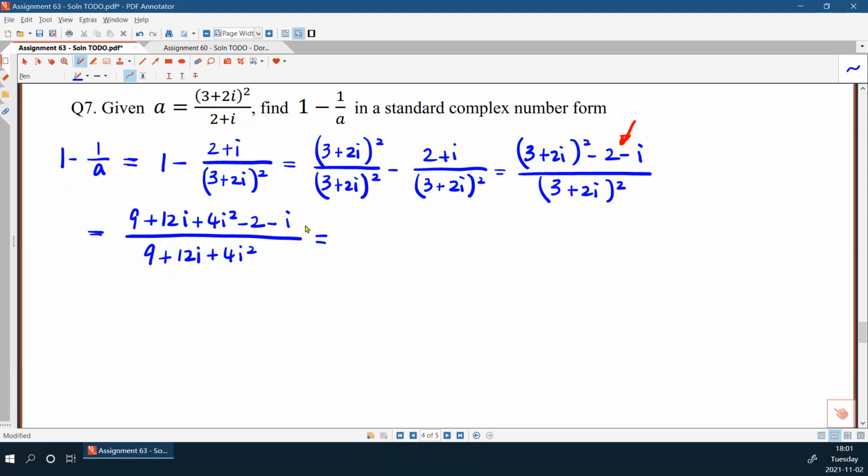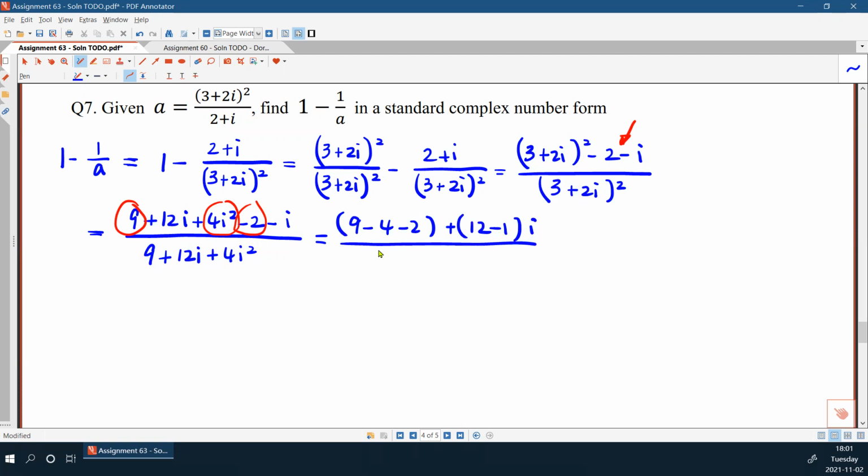Okay, so the numerator is 9. Okay, let's consider the real part. 9 is a real number, 4i squared is a real number, and then minus 2 is also a real number. So if we combine these three numbers, this is 9 minus 4 minus 2, right? This is the real part. And the imaginary part is plus 12 minus 1 i.